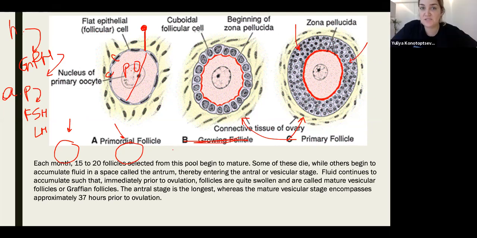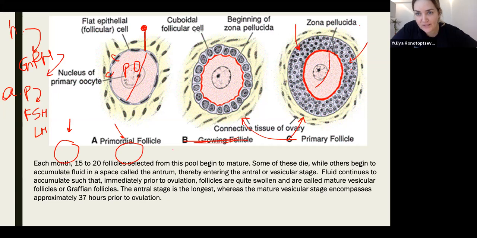Granulosa cells are basically stratified cuboidal follicular cells, as you remember, right? What do they do? They secrete the zona pellucida, and the zona pellucida is going to be coating the primary oocyte inside. Zona pellucida, don't forget, is a glycoprotein, right? So this is a glycoprotein right there.